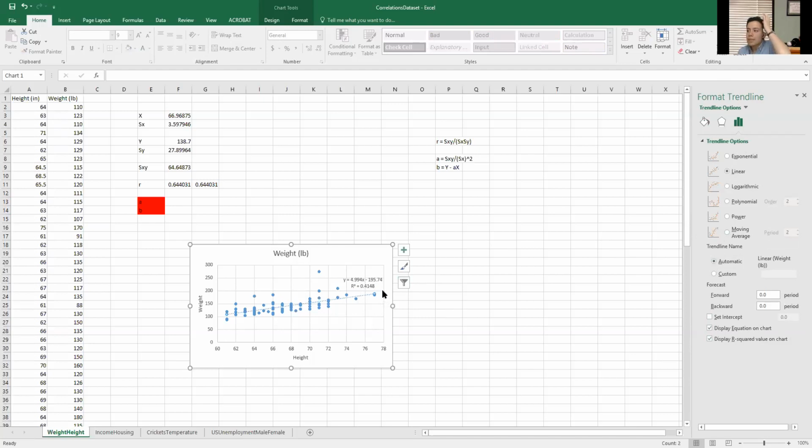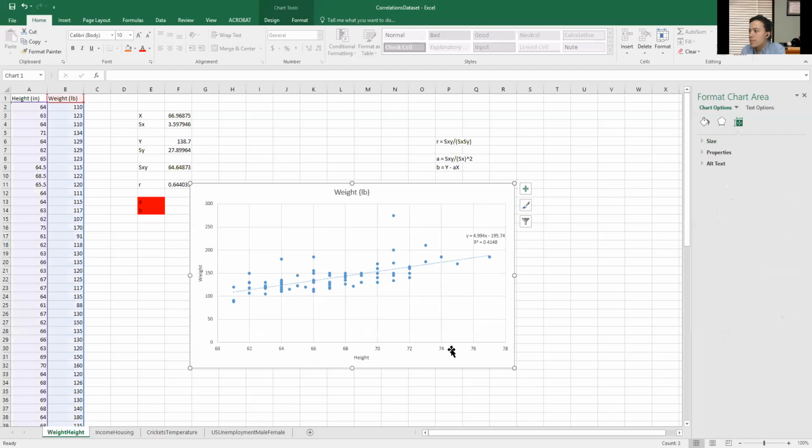Okay, so that means I now have the line of best fit. I have the coefficient of association. So this is telling me that a 1-inch increase in height corresponds to about 5 pounds of an increase in the weight.